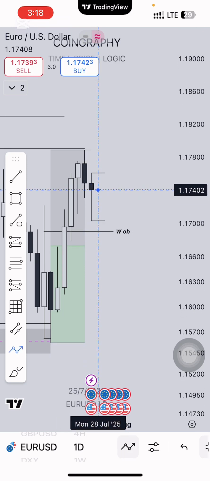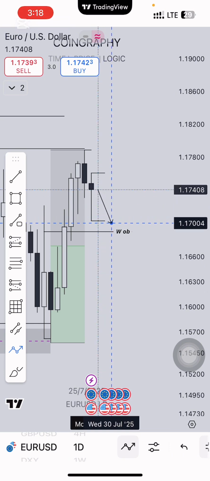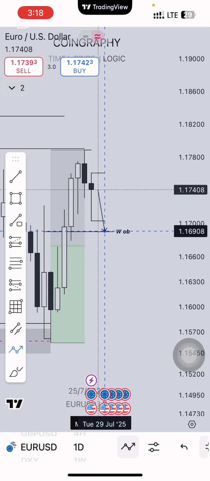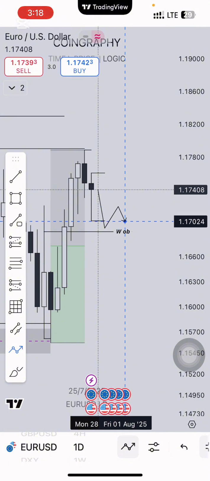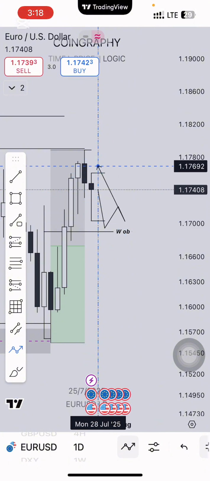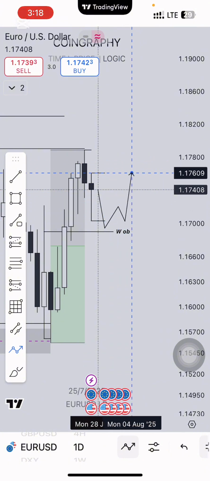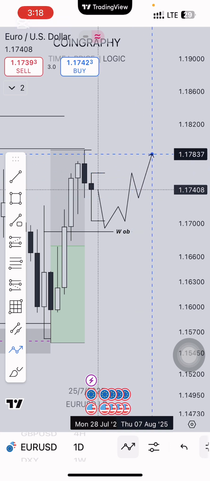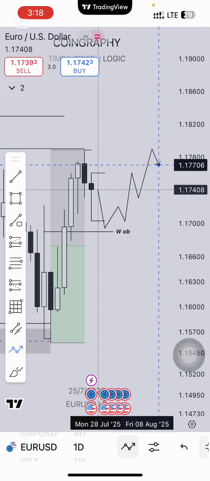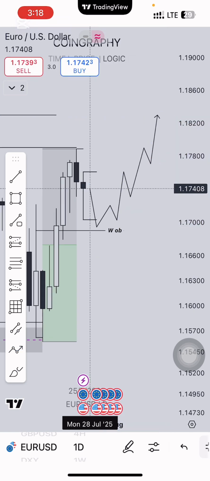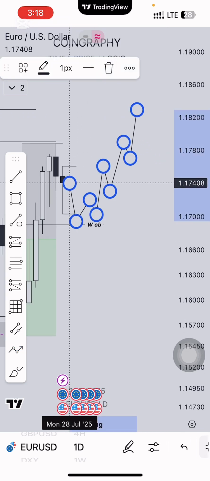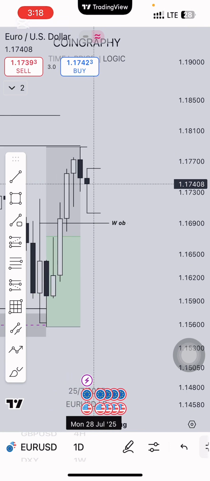To take out Friday's CLT, move lower into this weekly order block, and then we get a change in the state of delivery, and then we move higher to complete the CLT, to these highs and possibly this high here. So that's what I'm looking at on the daily time frame.